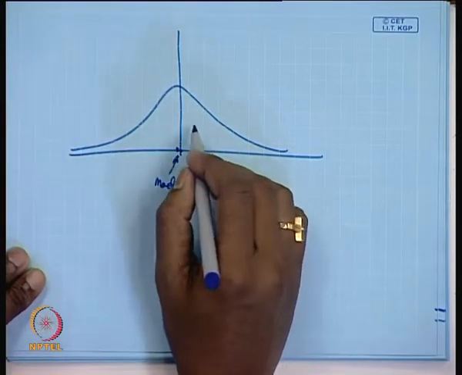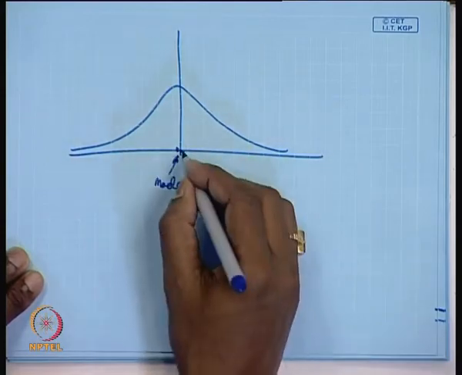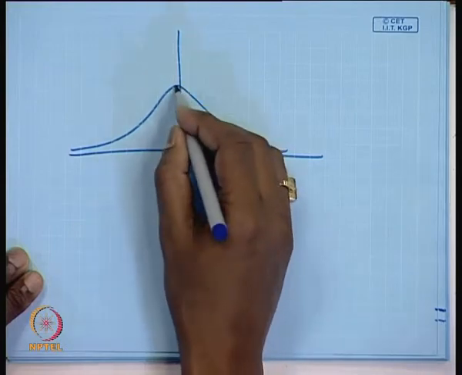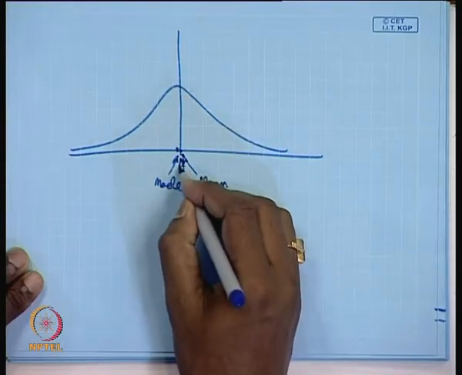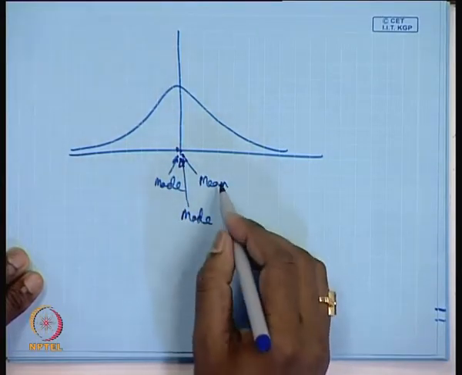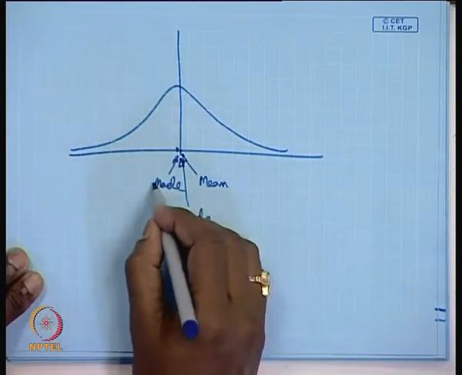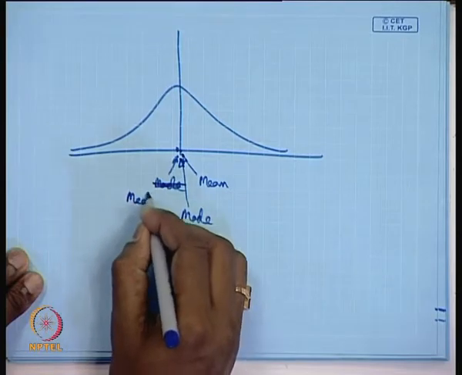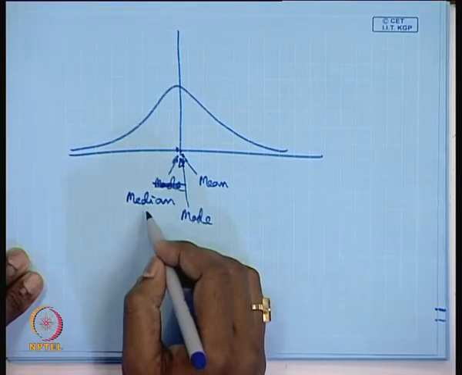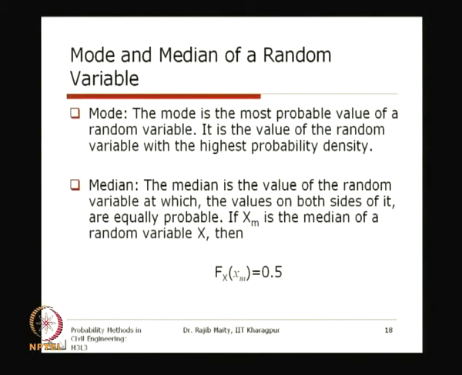If you take the integration, the mean, you will see that exactly this point is the mean, and being the highest density point, the same point is your mode. For the normal distribution, the point where 50% probability is covered is called the median. So the mean, mode and median are the same point for this symmetric distribution, the normal distribution.